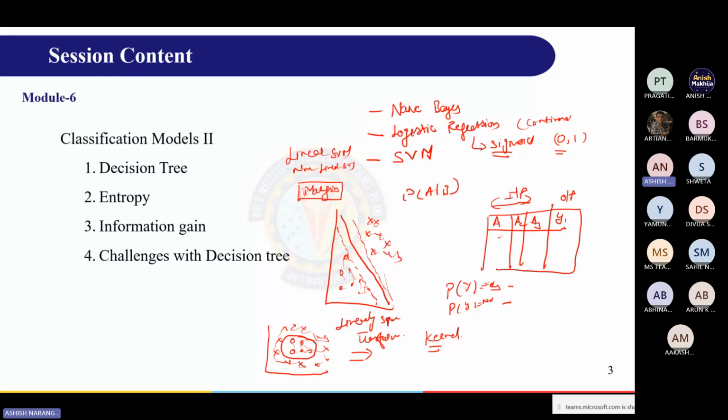Any questions so far? No, sir. Are we clear with the things? Some idea you've got? Yes, sir. Is it fine with everybody? Ali? Can you hear me, Ali? Ali, Akash, Abhinandan, Divija, Shweta.